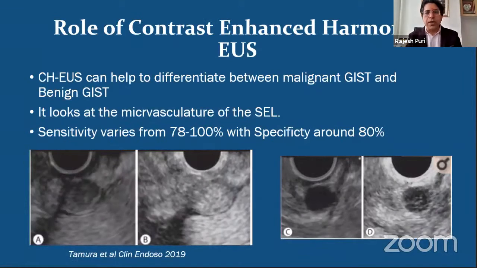When we talk about contrast EUS, generally contrast-enhanced EUS is not practiced in our country, but yes, contrast EUS can help in differentiating malignant GIST versus benign. You look at the microvascular pattern; the sensitivity of picking benign versus malignancy is around 78 to 100% with a specificity of 80%.